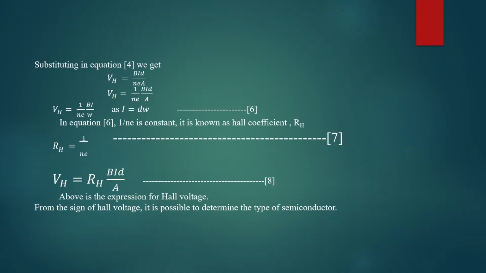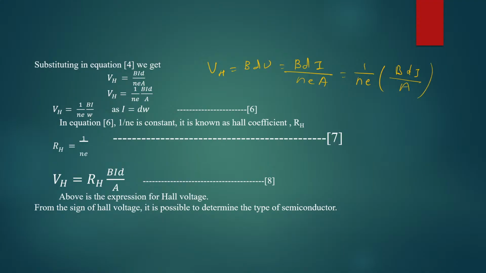So put it here: V_H is equal to B D v, and v is I upon n e A. Now we just rearrange the terms a little bit.